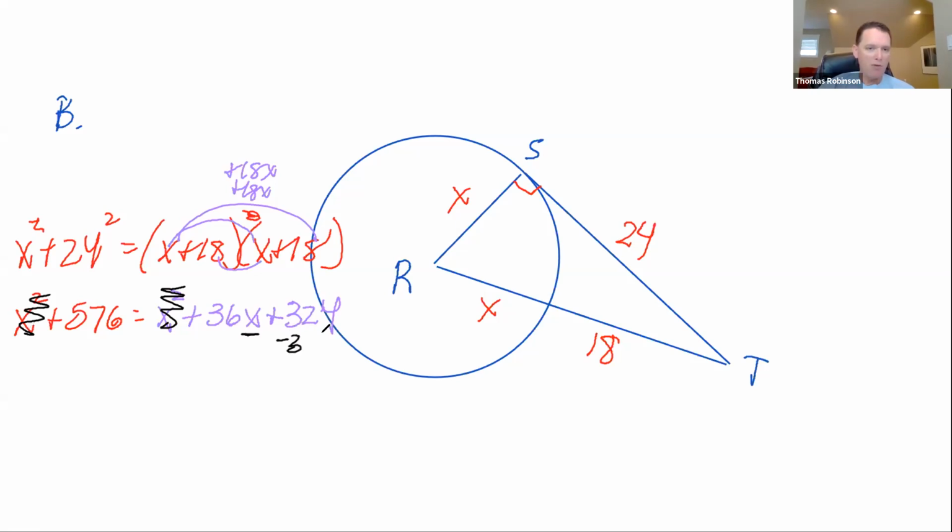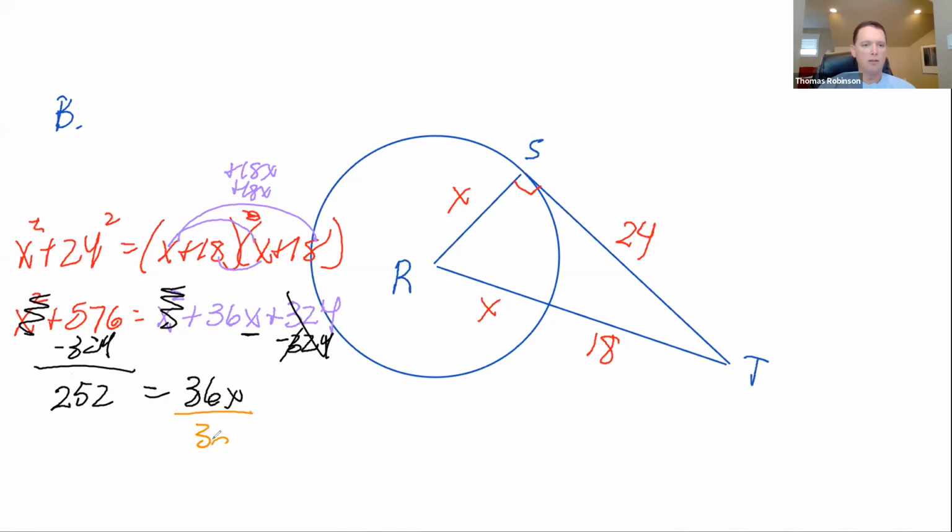And see, I have just an x here, but here's a number that's not x. I'm going to subtract 324 from both sides, and I get 252 equals 36x. Now we know what this game looks like, right? Divide 36, divide 36, and x equals, look in the book, x equals 7.